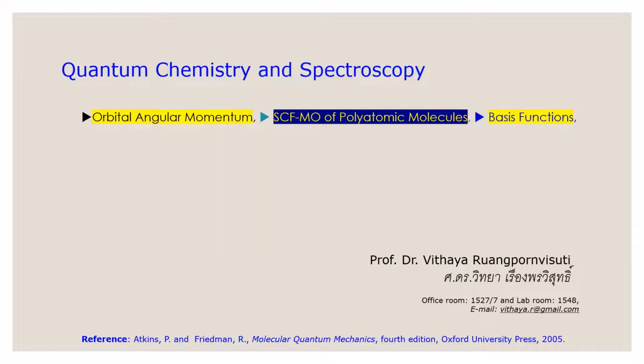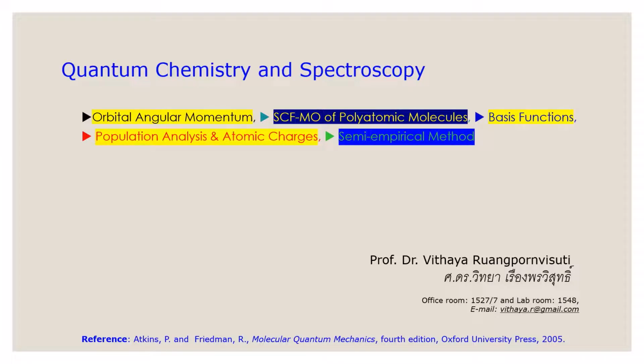Quantum chemistry and spectroscopy. This subject, as it was introduced at the lecture, contains 5 subtopics. The first one is the orbital angular momentum. The second one is the SCF MO of polyatomic molecules.